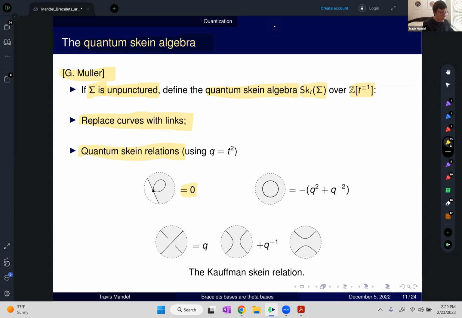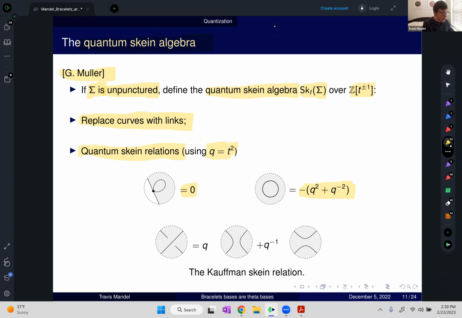A contractible loop, before we said it was -2, now we say it's negative q squared plus q to the -2. And I should say, here I'm using q, up here I had t. Basically t is a square root of q. That's the relation. So yeah, contractible loop is negative of q squared plus q to the -2.